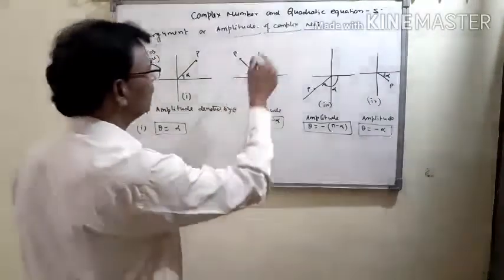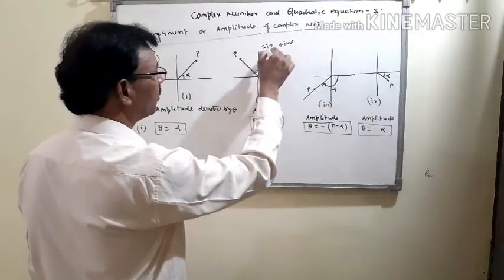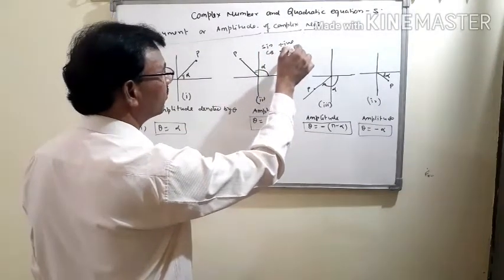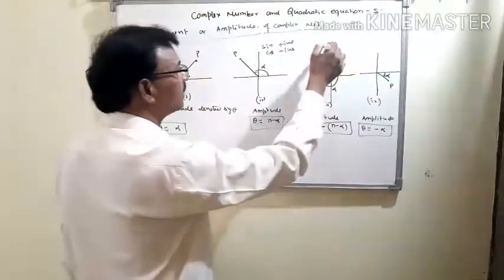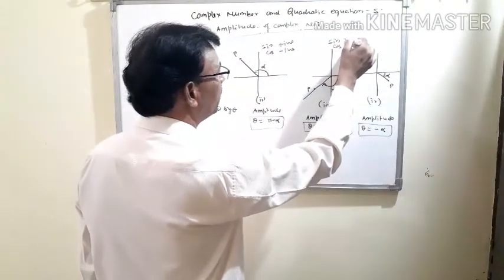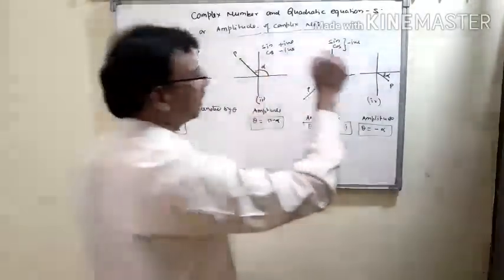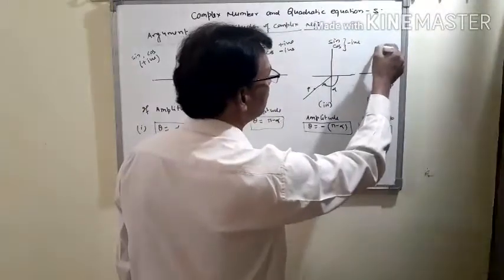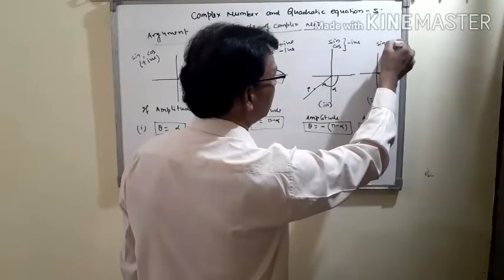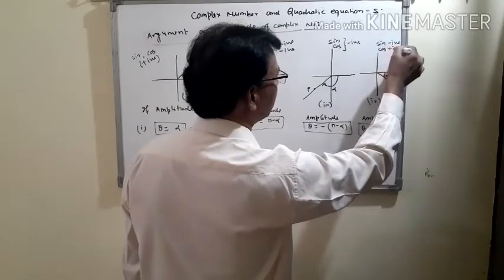In this situation, sine is positive but cos is negative. In this situation, sine and cos both will be negative. And in the fourth situation, sine is negative but cos is positive.